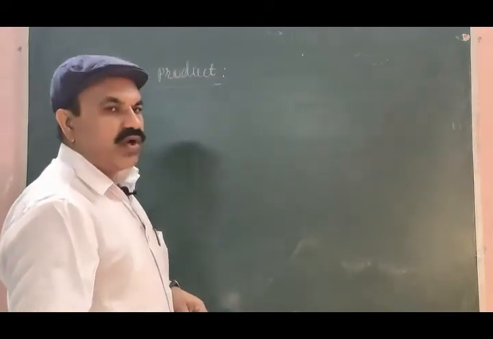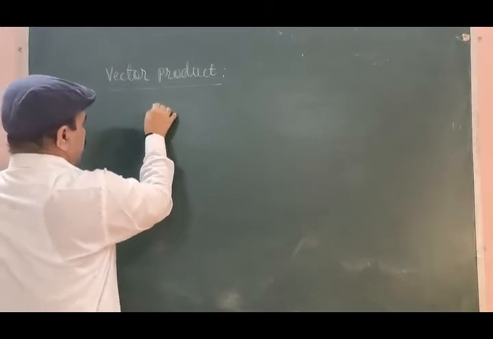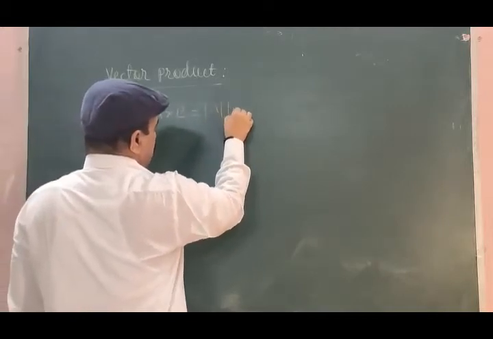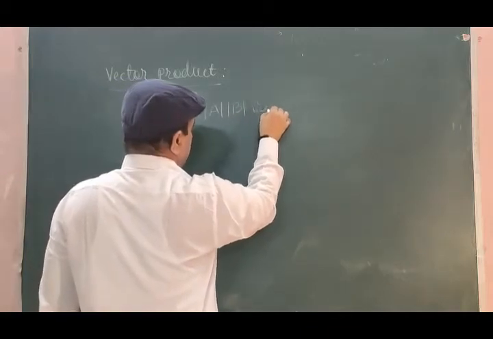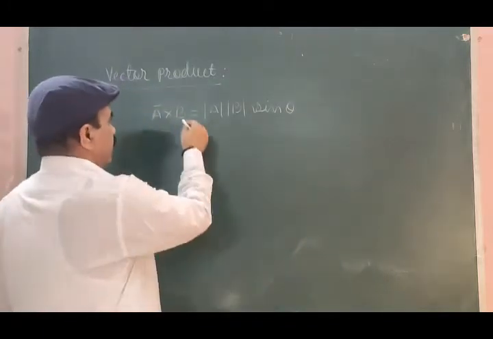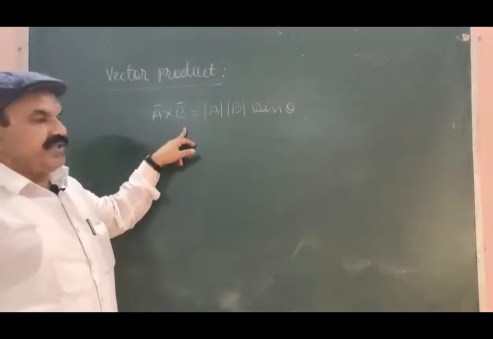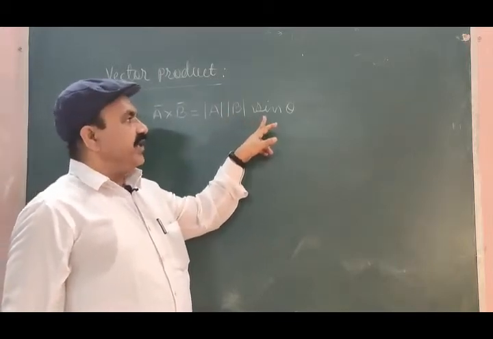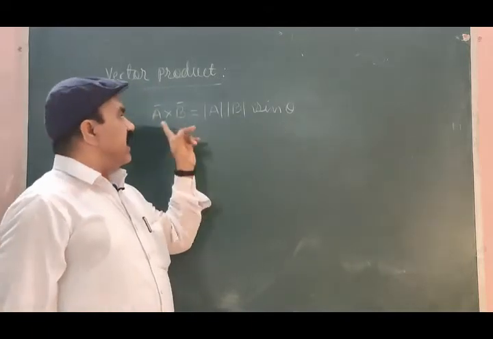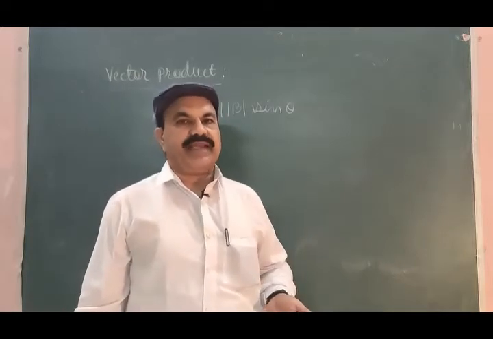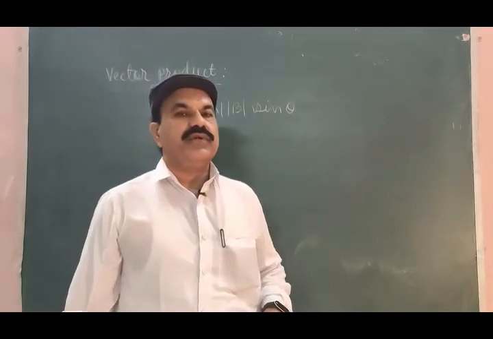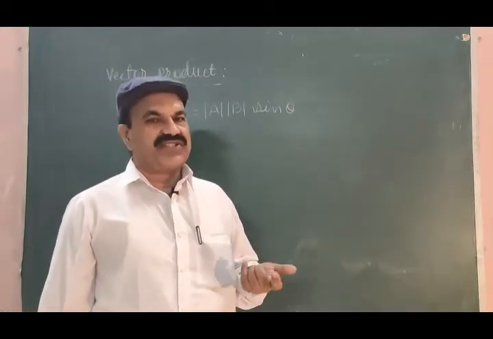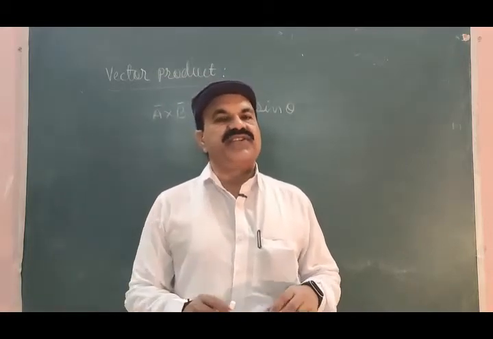The cross product or vector product of two vectors, vector A cross vector B, is equal to magnitude of vector A into magnitude of vector B into sin theta, where theta is the angle between vectors A and B. This equation gives only the magnitude of the cross product of vectors A and B. It is not giving us the direction.